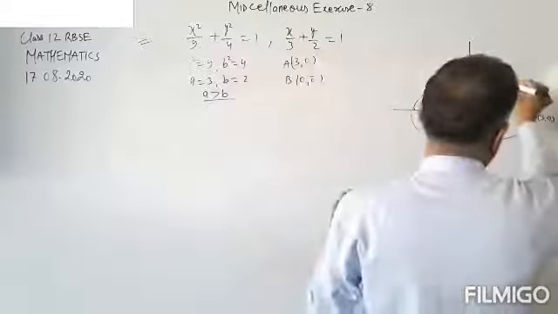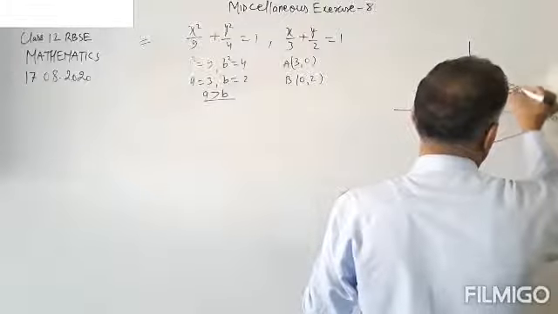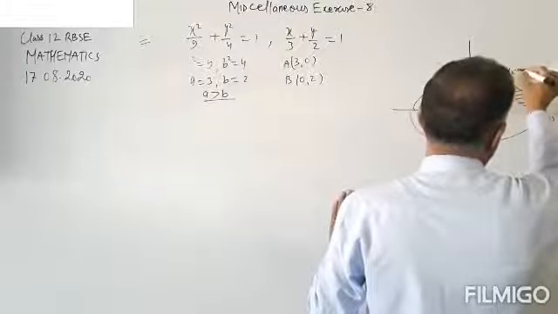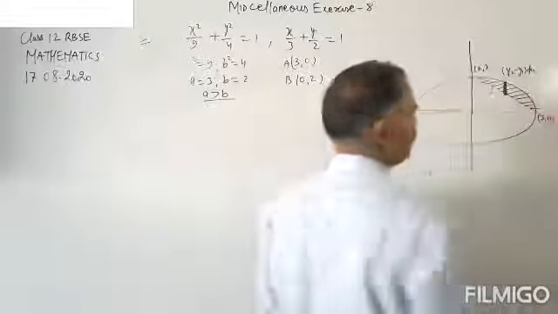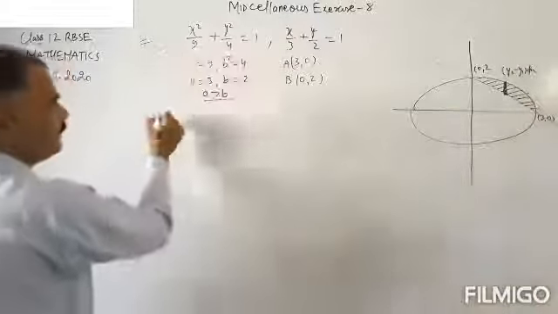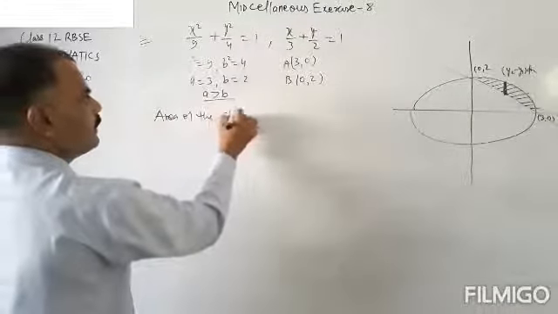So take the vertical strip. Its length is y2 minus y1 and its width is dx. So y2 minus y1 dx is the area of the elementary strip.